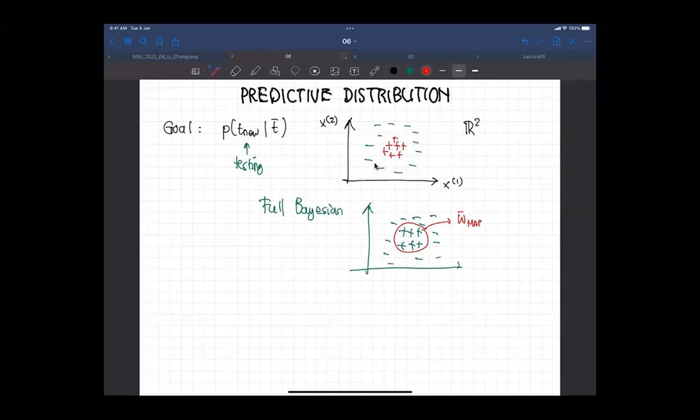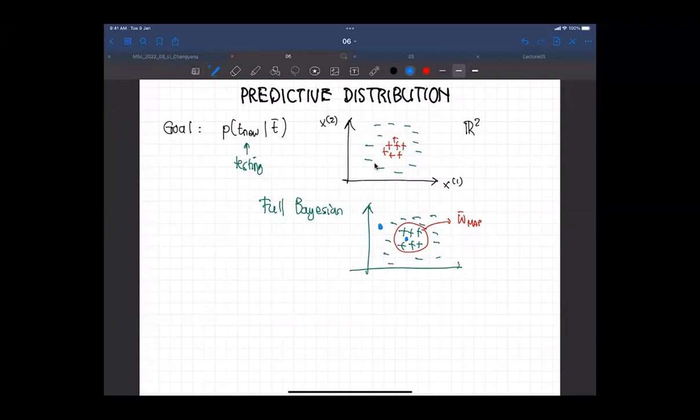Once you have that, you use this to decide, given new data. Assume that the new data is a point here, then you know that this new data is outside the circle, and that's why it has to be negative. That blue data is test data. If the blue point is inside the circle, you know that it will be positive. So there are two separate processes in full Bayesian: the training and the testing.